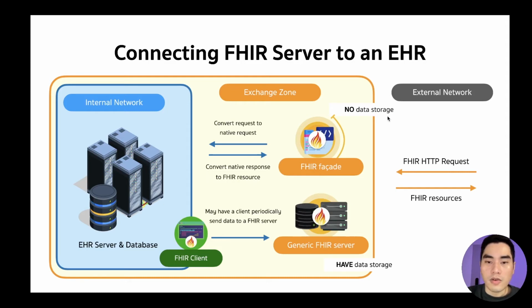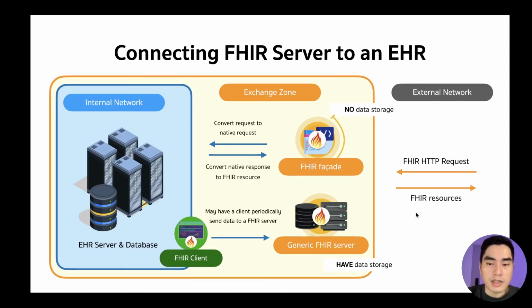So if you want to communicate with the external network, let's say other people make a FHIR HTTP request here to a facade, the facade converts that request into a native request that your EHR server or HIS understands. That server returns a native response to the facade, and then the facade converts it to a FHIR resource and returns it to the requester.